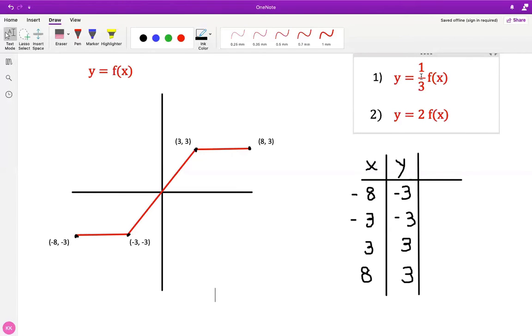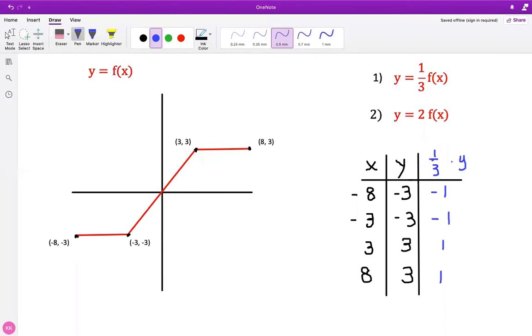Remember, the 1 over 3 here will only affect the vertical movement of this function. That's why I need to times 1 over 3 for each of these y coordinates. These y coordinates will become smaller, which means the vertical component becomes smaller and the function becomes contracted in the vertical direction.